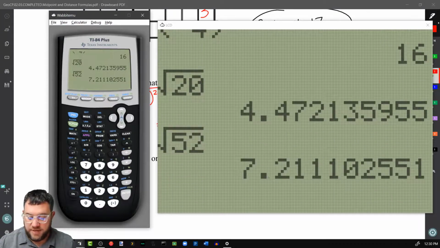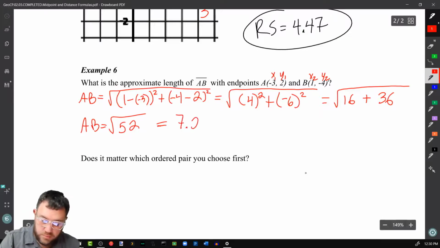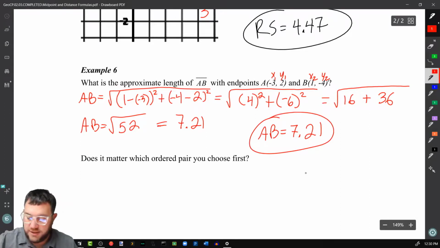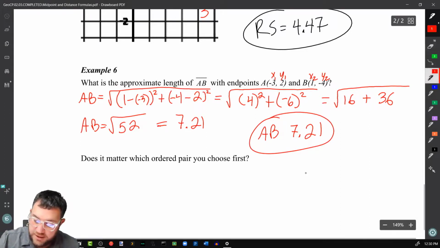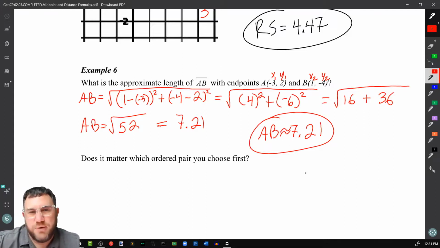That's going to give us 7.21. The third place is less than 5, so we'll leave it alone, 7.21. So AB equals 7.21. And technically, it doesn't equal that. It is approximately that. The approximate symbol is like equals, but there's squiggly lines, which basically says we had to round. So it's close to this, but not exactly.